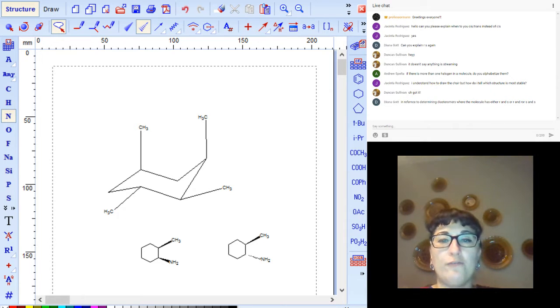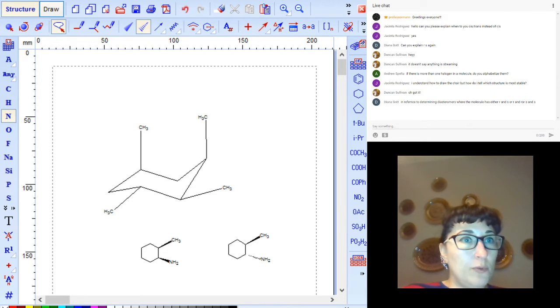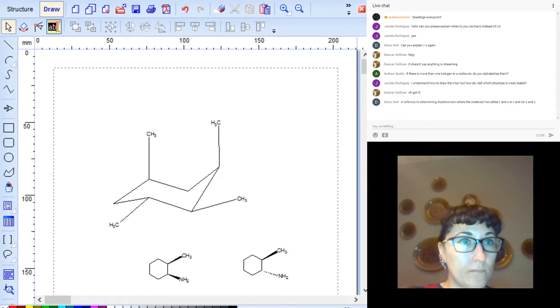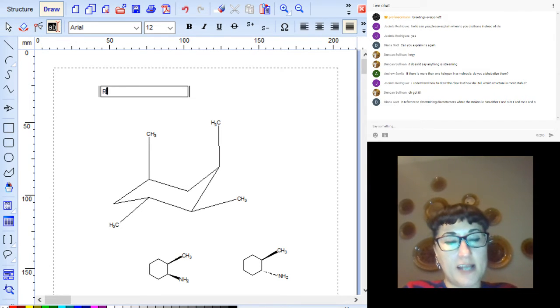If you have, say for example, something that has RR stereochemistry, then the enantiomer would be SS, right?